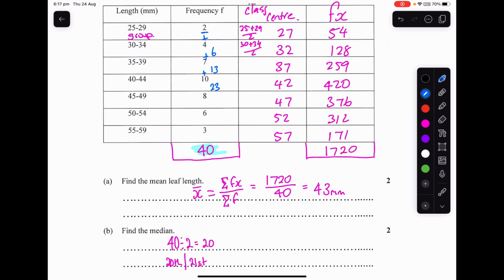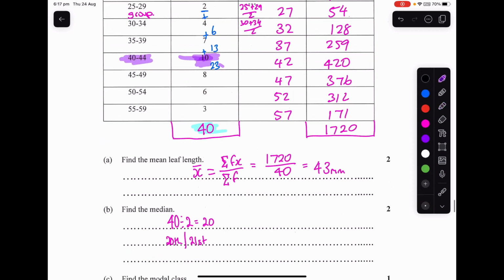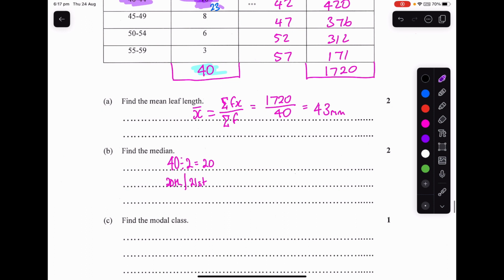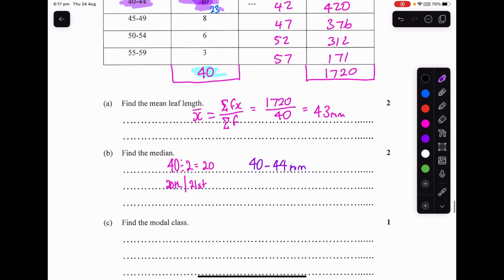So remember, I wanted the 20th and the 21st score. So that means that our 20th and 21st score are going to be in this section here. And if we go across, that gives us the 40 to 44 group. So our median is the group of 40 to 44 millimeters, or you can write the class center or the group center, which is 42 millimeters.